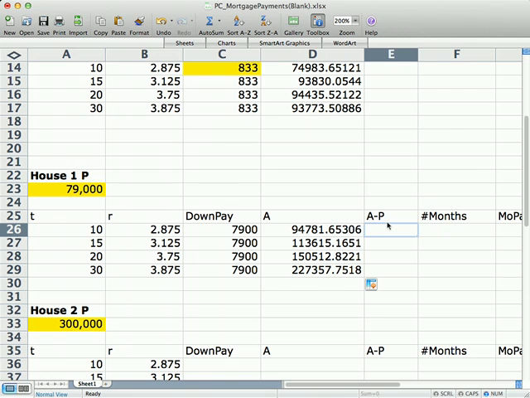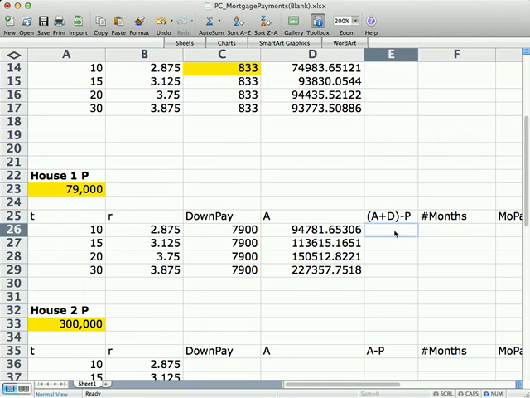So here what I'm going to have us calculate is what A minus P is, which is going to tell us how many times over we spent on the house. But actually, I think I want to do A plus the down payment minus the price of the house. So basically, how much we spent total minus what the house was actually worth.